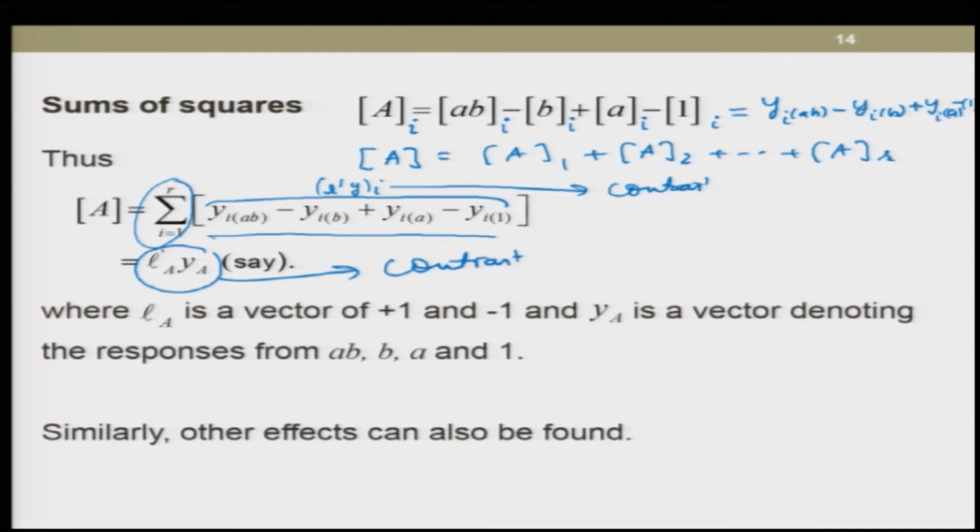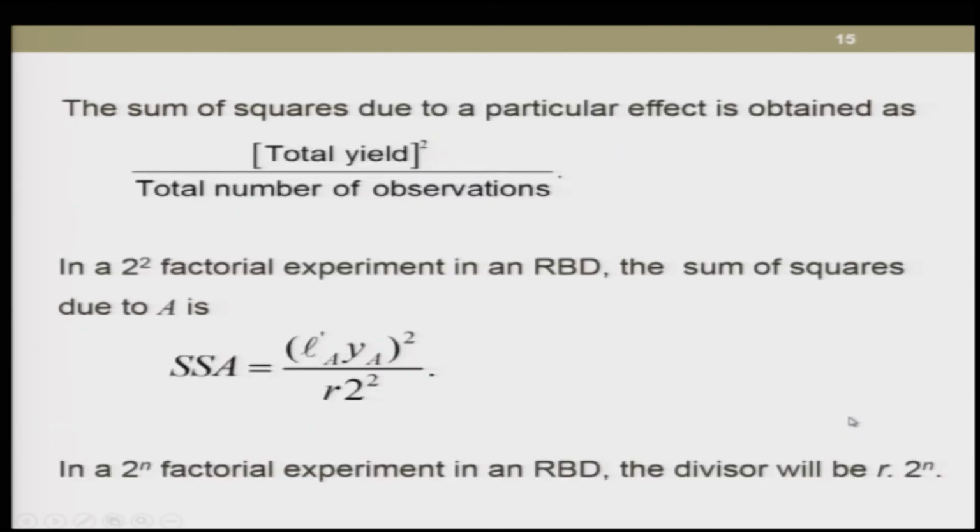So, I have given you an example of A, but similarly you can obtain this linear function for computing the main effect B, C, or interaction effect AB. The only difference is that this vector L will be changing. For B, this may have a different combination; for AB, this may have a different placement of plus 1 and minus 1 in that vector, right.